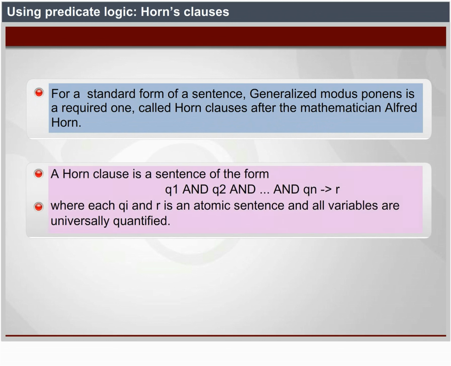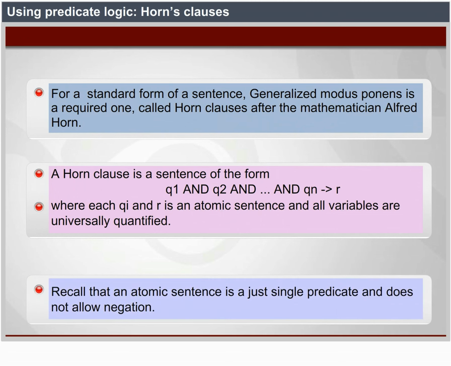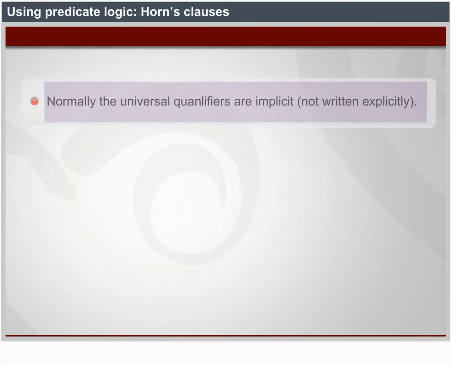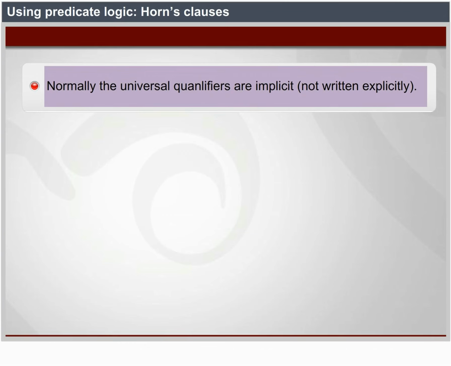A Horn clause is a sentence of the form Q1 and Q2 and up to Qn implies R, where each Qi and R is an atomic sentence and all variables are universally quantified. Recall that an atomic sentence is just a single predicate and does not allow negation. Normally, the universal quantifiers are implicit, not written explicitly.